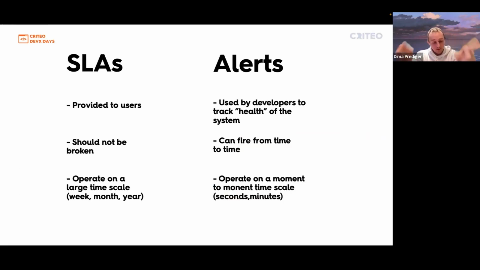An important moment here is that you distinguish between those two, because in our team, we used to use SLA. We built our alert on top of SLA, which backfired a little bit, because SLA is a good thing. We should provide our users some guarantees, like if people want to know that CD uptime will be like 90%.